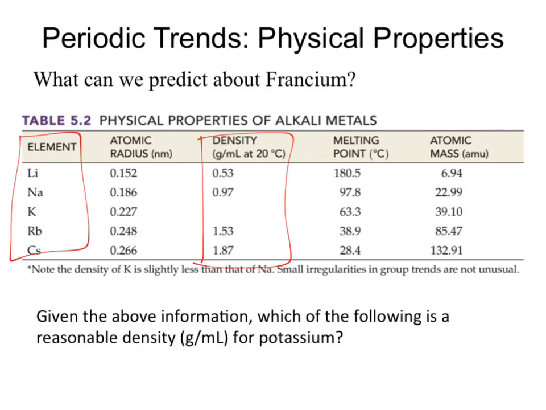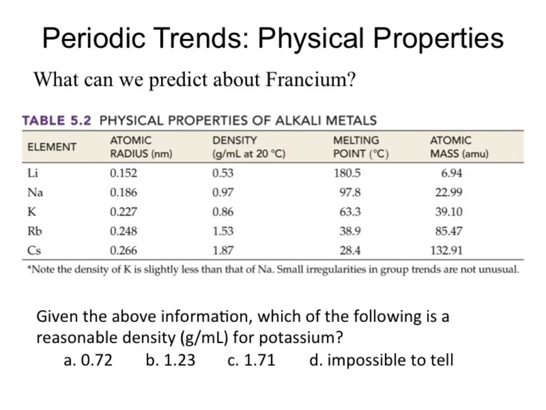What do you think would be reasonable things to put on there? What did you guys guess? 1.2. So that's probably a good thing to put in there as a possible answer, right? Yeah? Okay. What else could I put in there? 0.86. Okay. So we've got a bunch of possible answers here, and we've even got a D, impossible to tell.